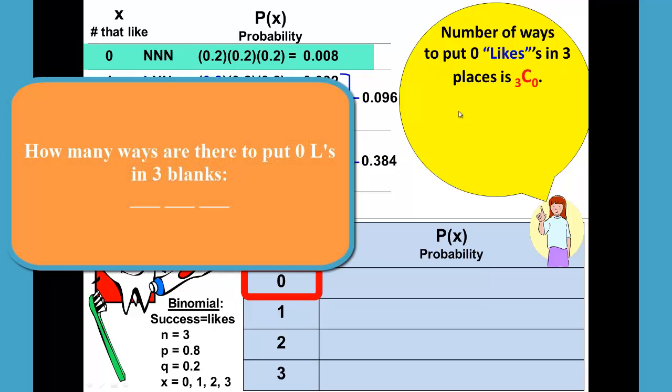The number of ways to put 0 likes in 3 places can be found by using 3 combination 0, or 3 choose 0, is the way that I say it. And that is the combination.